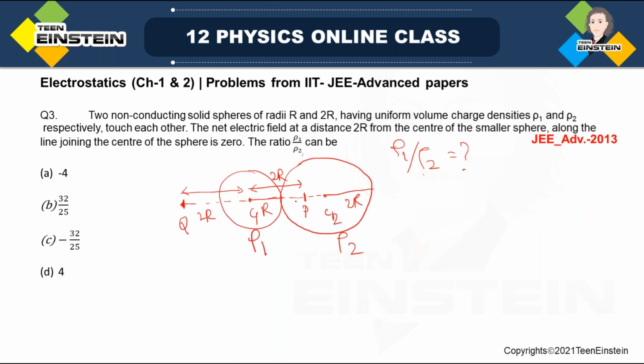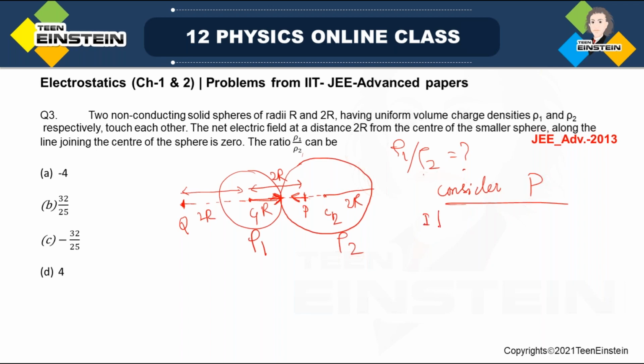So let us consider the point P. If the electric field is 0, since these are two positive charge densities, the electric field will be in this way for sphere 1, and the electric field for this at this point will be in this direction. They will actually be opposing each other.